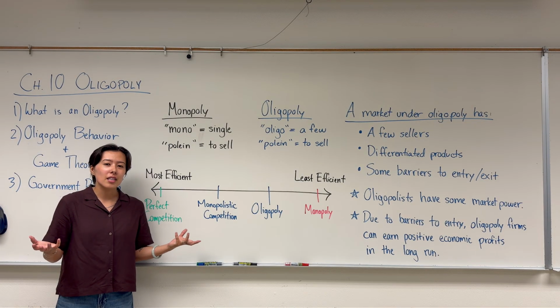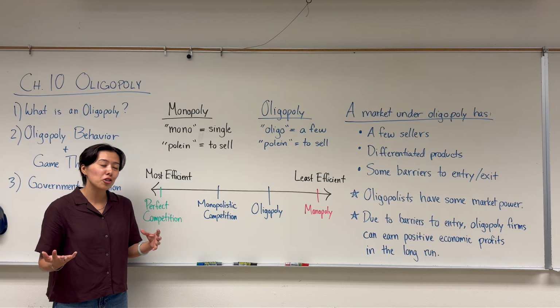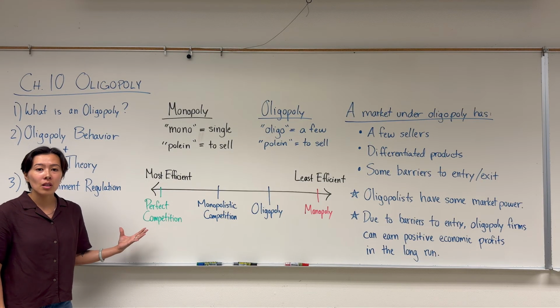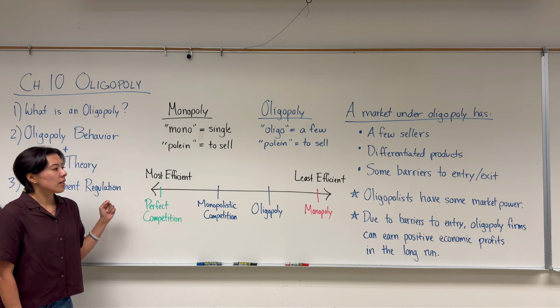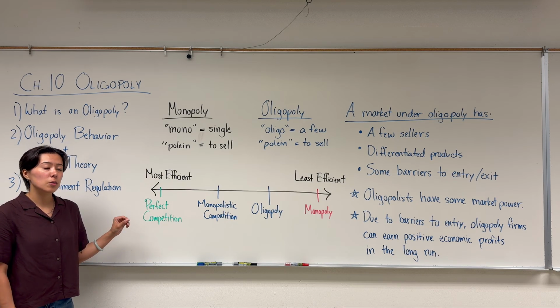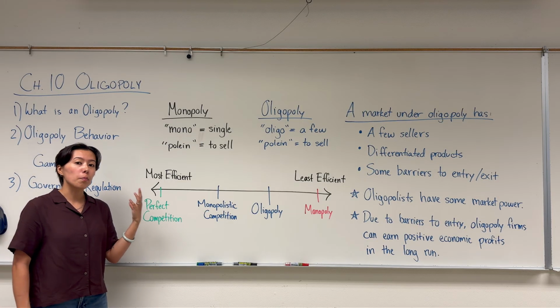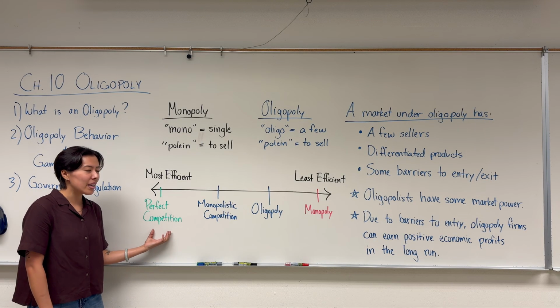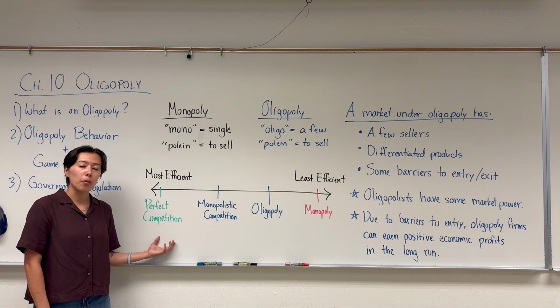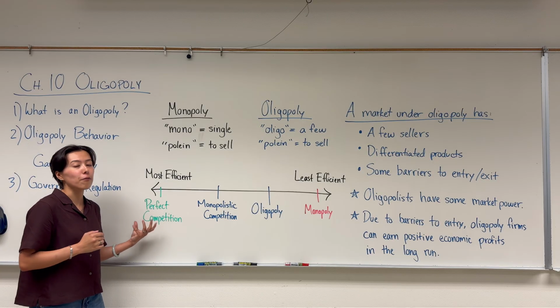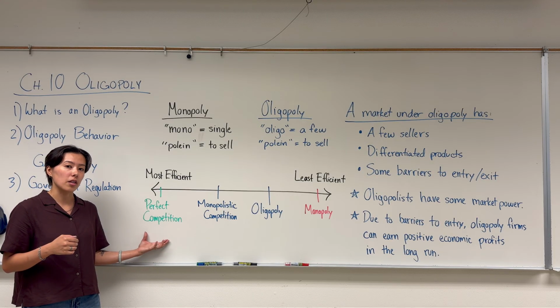To provide some context about these different market structures and where oligopoly fits in, I've created this number line or spectrum here that is comparing our market structures based on how efficient they are. So perfect competition was our most efficient market. We had many sellers selling an identical product, and that price was pushed down because we have free entry and exit in this market.